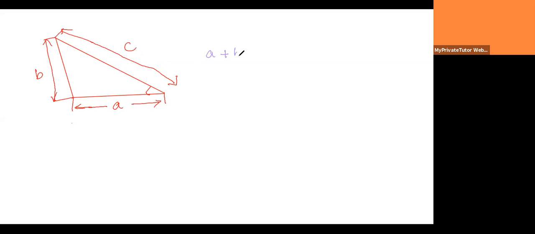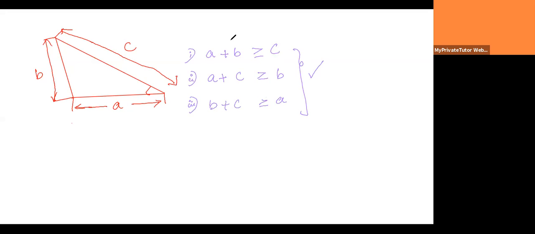A plus B greater than C. The second thing, A plus C greater than or equals to B. The third one, B plus C greater than or equals to A. All these three conditions must be satisfied, then only it's a triangle, guys.